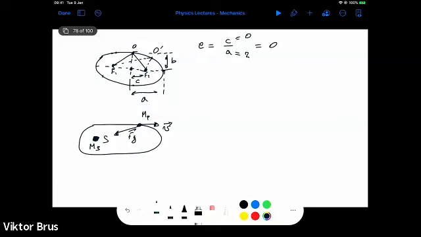This torque will be equal to 0 because gravitational force is a central force, and its line of action goes through the sun. With respect to an axis which goes through the sun, torque, as we defined in our previous discussions, will be equal to 0.